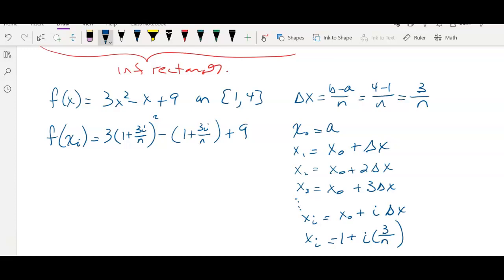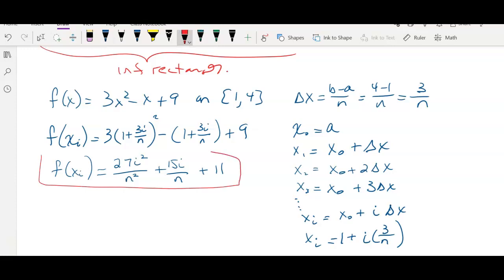All right, you want me to just give it to you? Come on, don't you want to do a little? No? So after a lot of algebra magic, which you can try on your own if you want to, so there, write in your notes, after all the algebra magic, my f of x sub i becomes that function.